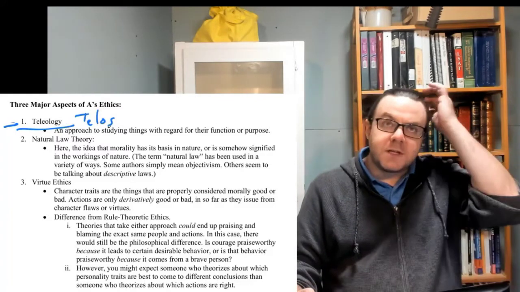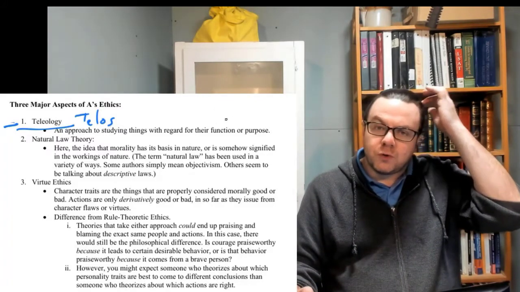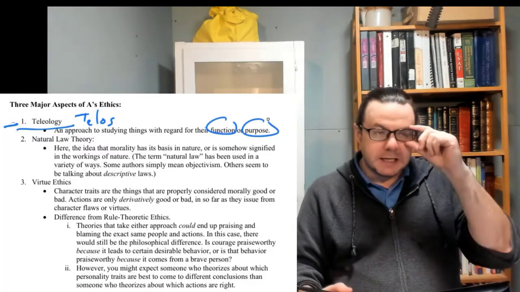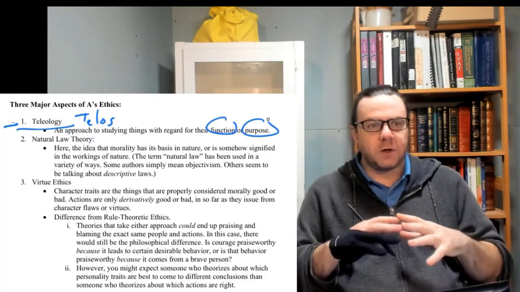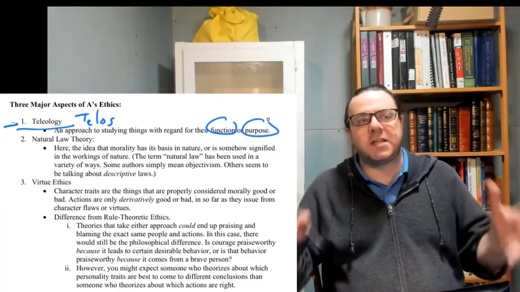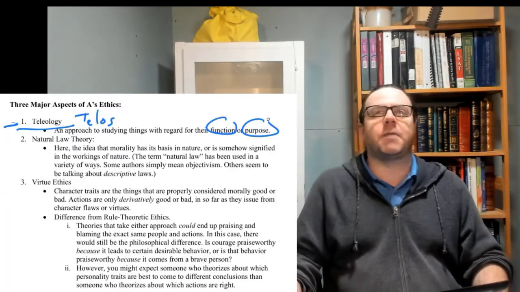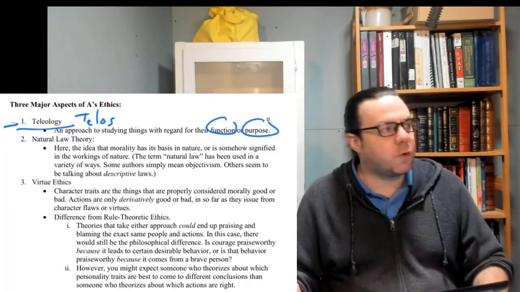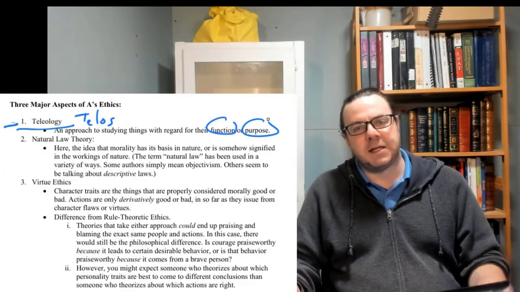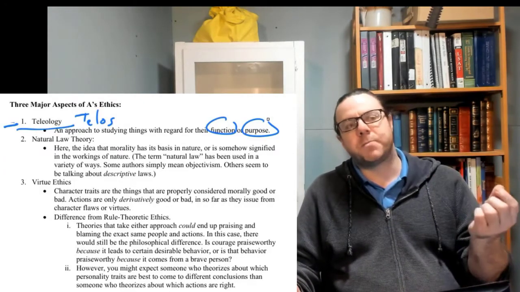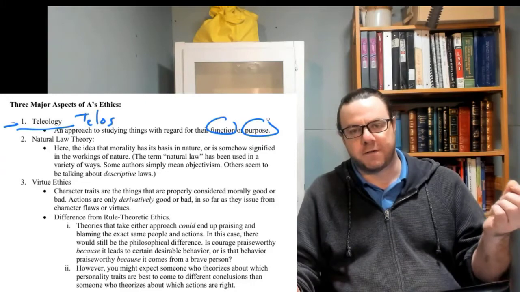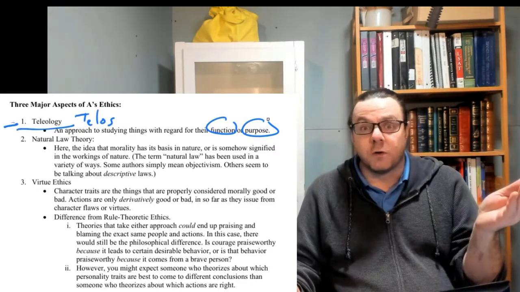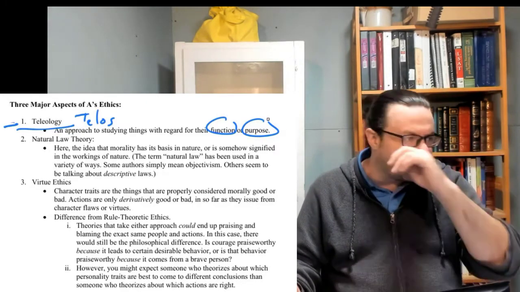This is an approach to studying any topic, really. Aristotle thought every topic would be studied in this way, including scientific topics. In his approach to scientific questions, he would often ask what the purpose or function of, say, a biological feature is.